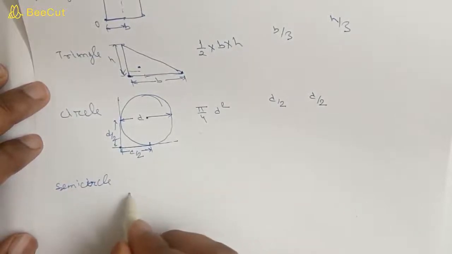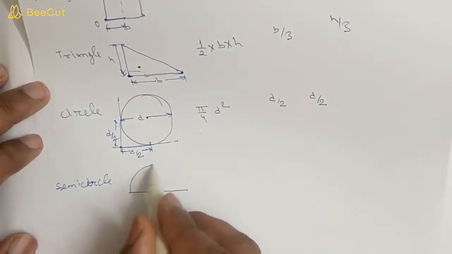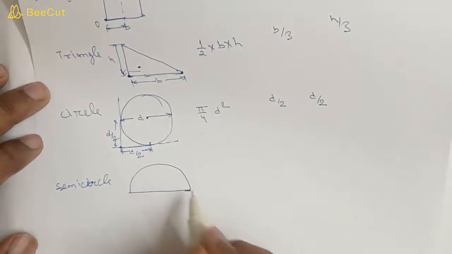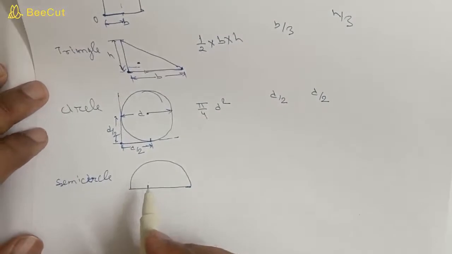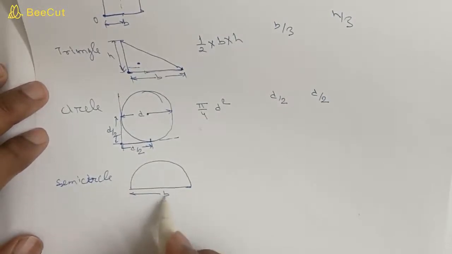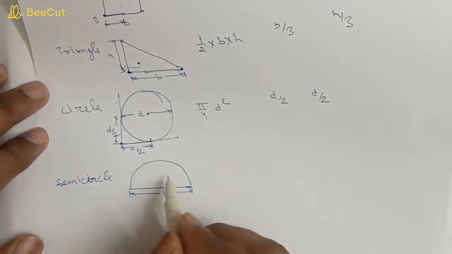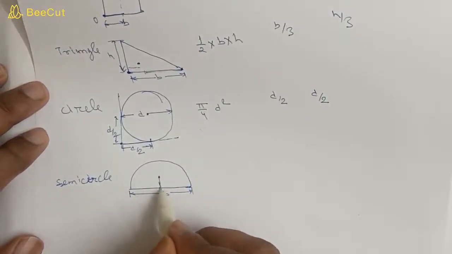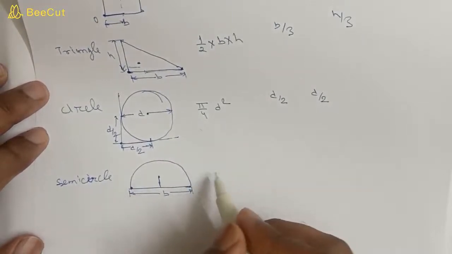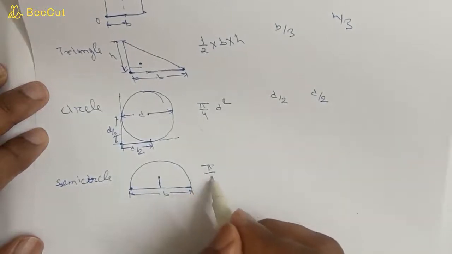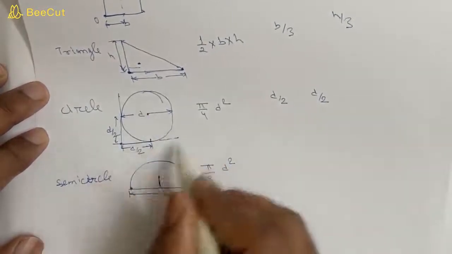So this is a semicircle, and this is d. Diameter of this semicircle is d. So its centroid will be somewhere here, and if we take this as origin, then from this point area of this will be pi by 8 d square, half of this circular area.